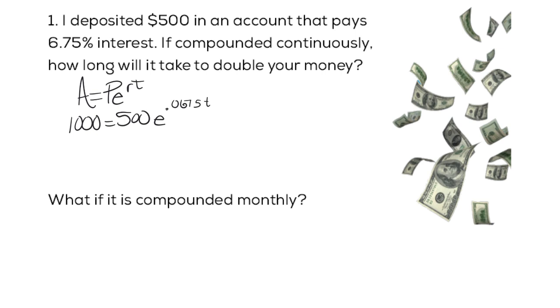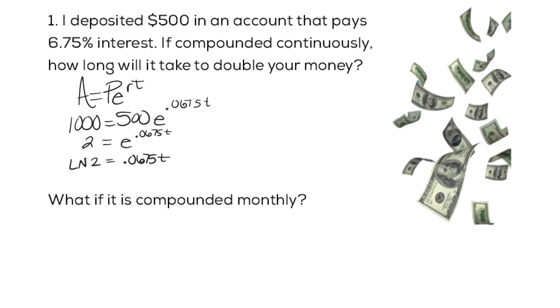So the first thing you're going to want to do is divide by the 500. So that's just going to get you a 2. And then you have e to the 0.0675 t. And then you're going to change that into a logarithm. So natural log of 2 equals 0.0675 t.